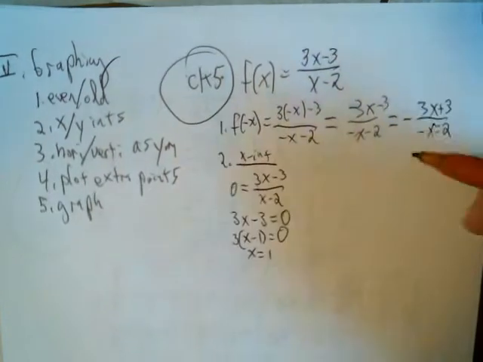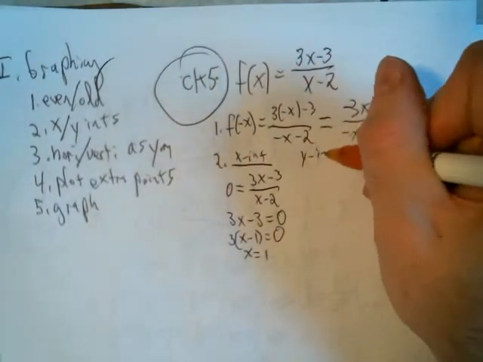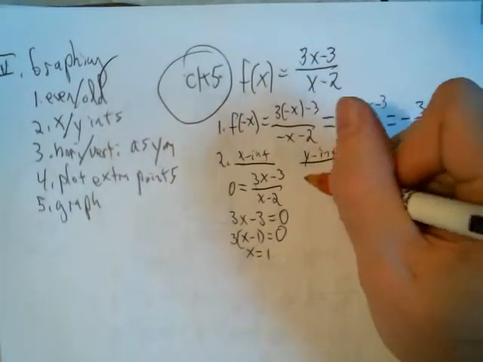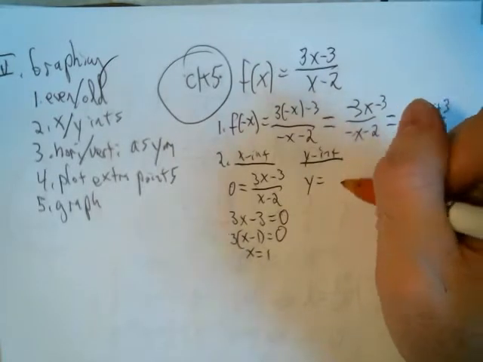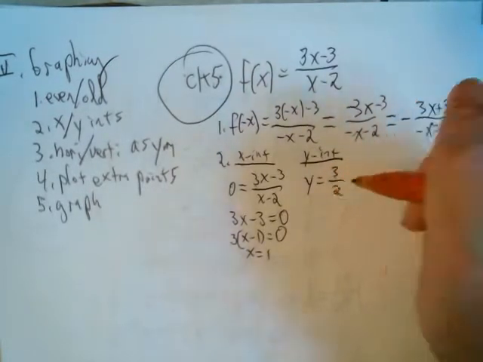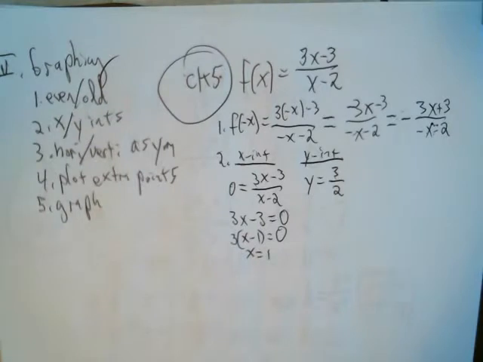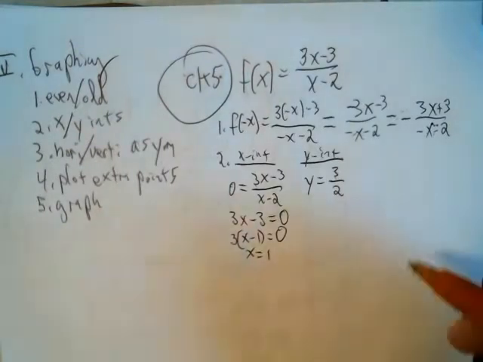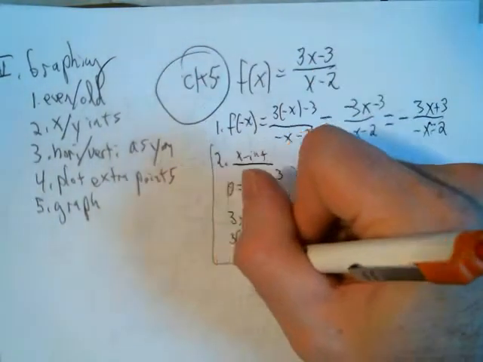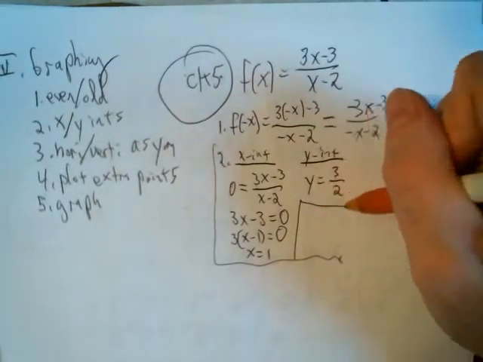Okay, so x equals 1. For the y-intercept, you let x equal 0. So we'll have y equals negative 3 over negative 2. In other words, 3 halves.